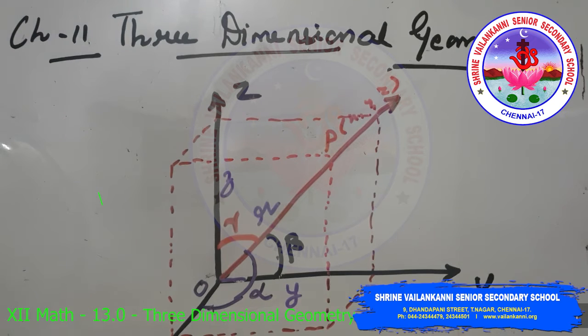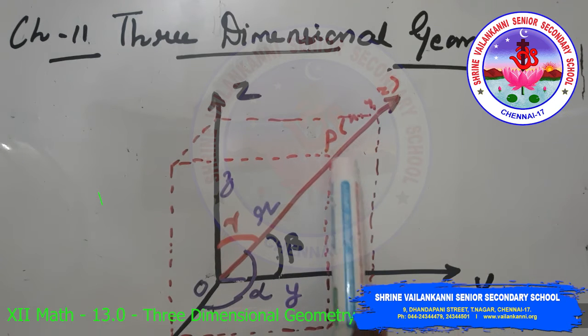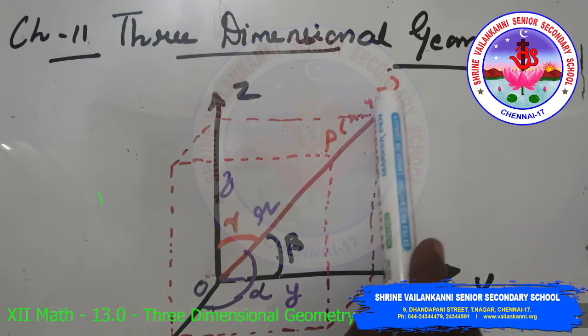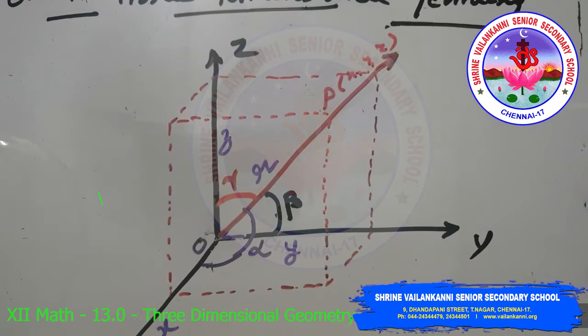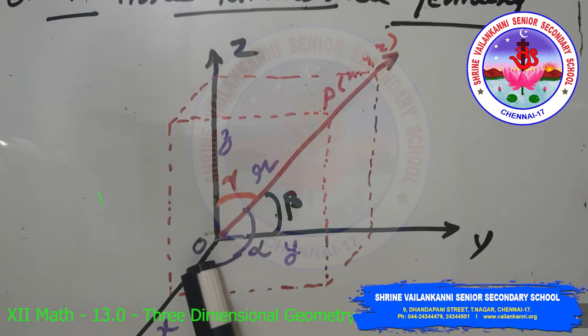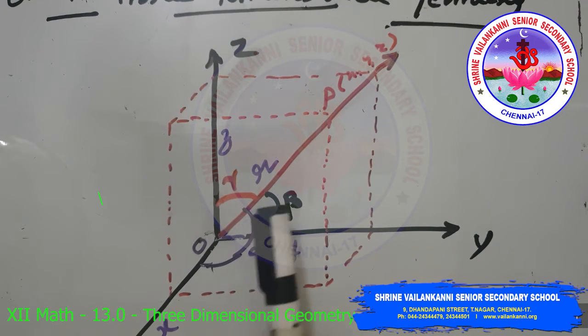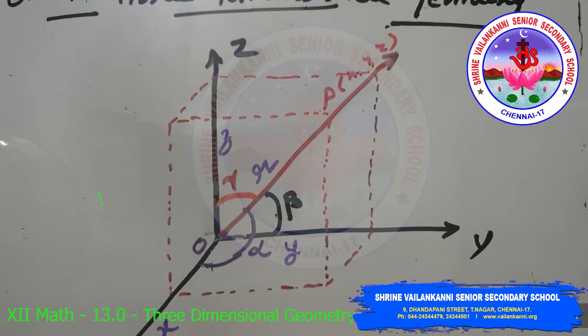In the three-dimensional right-handed rectangular coordinate system, consider a point P in space having the coordinates x, y, z with respect to the origin 0, 0, 0. The vector OP, having O and P as its initial and terminal points respectively, is called the position vector of the point P with respect to O.